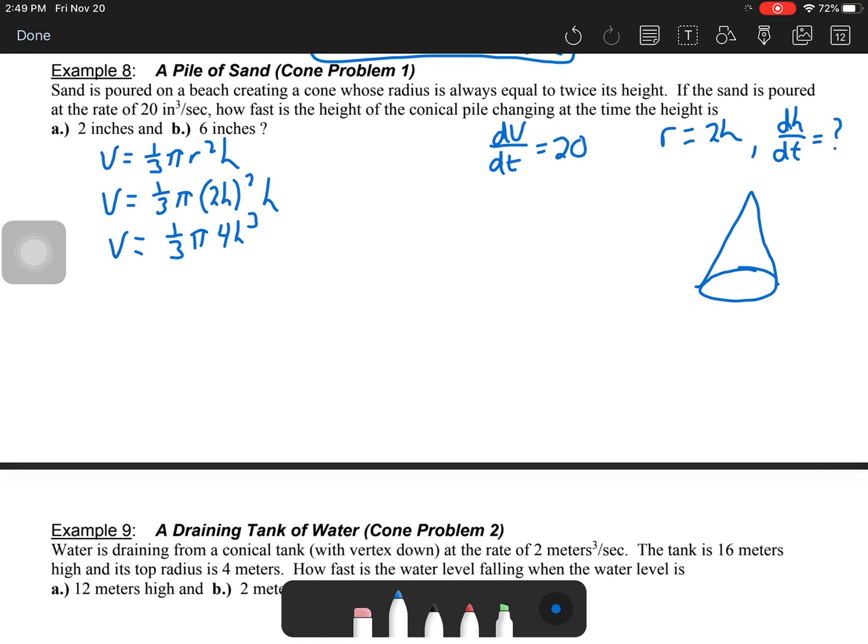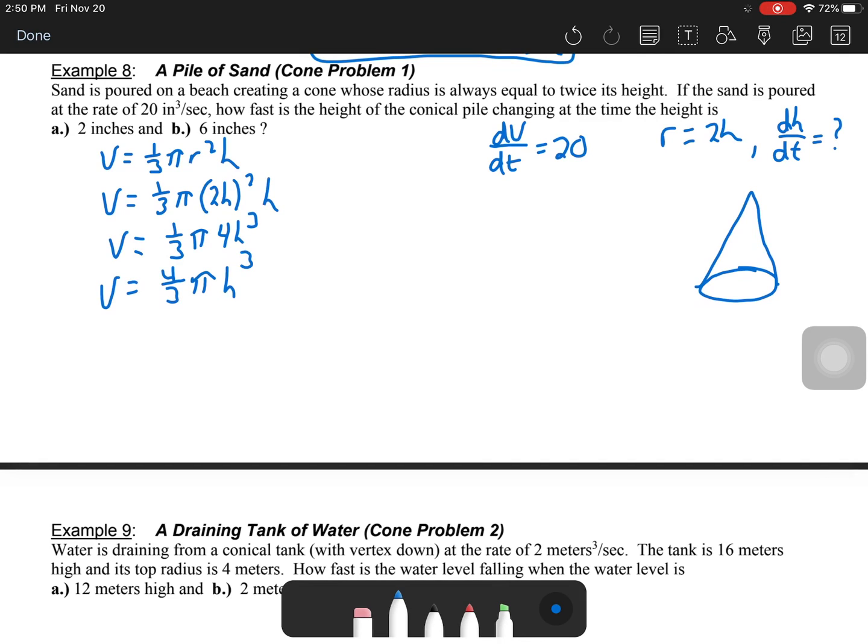I think we can simplify that a little more before we do the derivative. If I multiply the 4 and the 1/3 together, we'll call it 4/3 pi h cubed. I kind of like the way that looks.